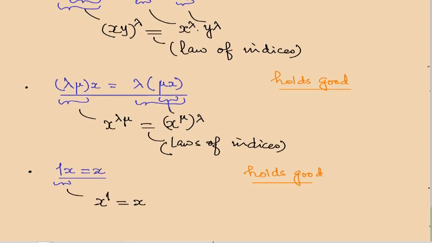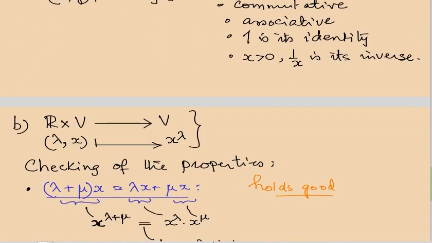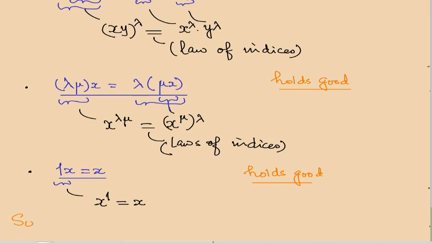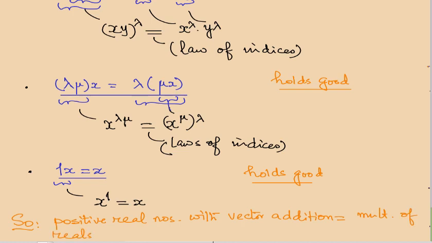So the positive real numbers with the scalar multiplication of taking powers, therefore, is a vector space, with vector addition equal to multiplication of reals and scalar multiplication equal to taking powers.